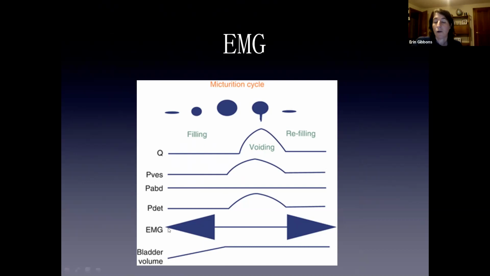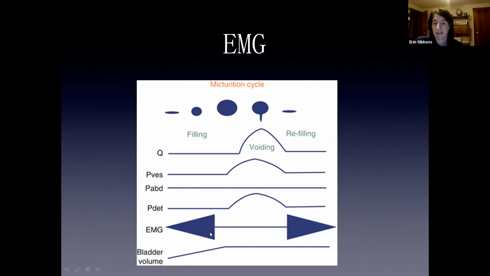When your bladder is pretty empty and there's not a lot of pressure as it fills, your sphincter is working, but it doesn't have to work too much. As your bladder gets more and more full, here's the bladder volume going up, and you're getting more uncomfortable, your sphincter is working harder and there's a guarding reflex so you don't leak.